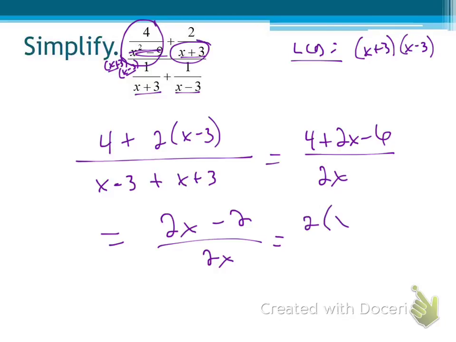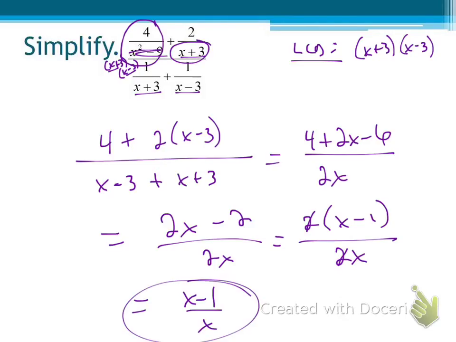Factor out a 2 from the numerator, and now I can divide out these 2's because the 2 in the numerator, since I factored it out, is a monomial, and the 2 in the denominator is part of a monomial, so I can divide those out, and we get x minus 1 over x. I can't divide those x's out because the x in the denominator is a monomial, and the x in the numerator is part of a binomial. You cannot divide monomials and binomials. Okay?